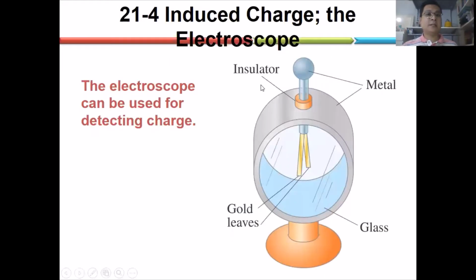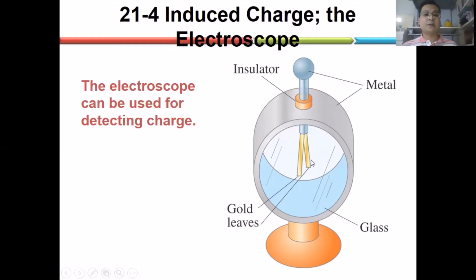Okay, the electrical charge can be measured using an electroscope. What is an electroscope? You can see from the figure. This one is made with gold leaf inside the circle, which is covered by glass and metal.